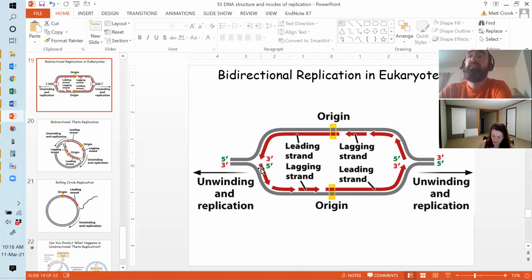And so they're going to be potentially, in eukaryotes, thousands of these. Remember, these two strands are synthesized at exactly the same rate. But if you look at the leading strand, there's very little you have to do to it.